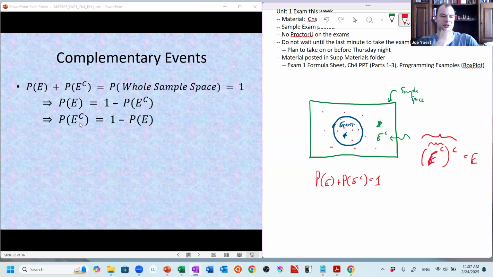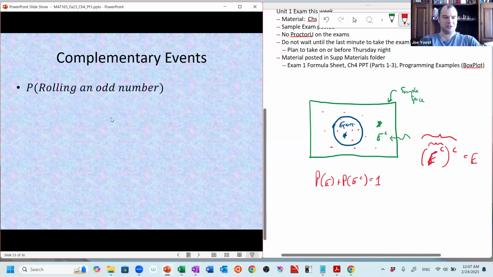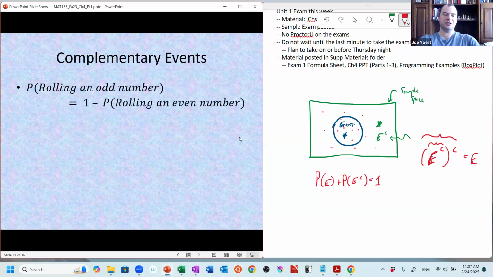Okay, so what does this get me? Well, sometimes it's easier to work with the complement of an event than with the event itself. Let's look at a couple examples. We'll start with an easy one. So just to get our feet under us, we'll start with a simple one, the probability of rolling an odd number. We could write that as 1 minus the probability of the complementary event, rolling an even number.